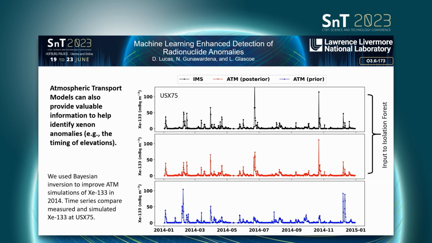And so what you can do is take the ATM output and input that into the isolation forest to help identify anomalies. So I'm taking the black time series, which is measurements, and the red time series, which is the model simulation.